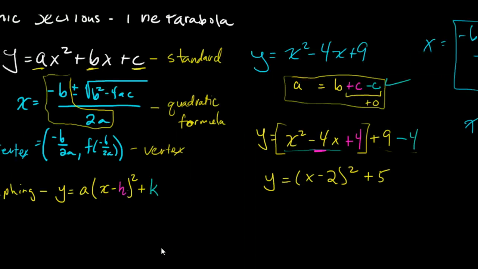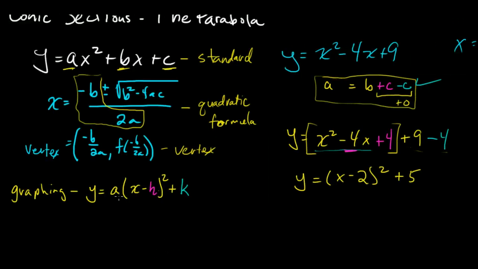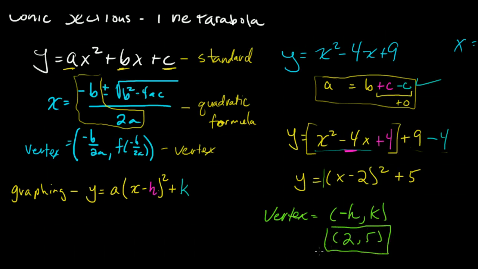Here's my graphing form. And it says that I have a scalar, which in this case is a 1, right? We don't have a number out here, so my scalar is 1, times x minus h squared, plus my constant. So the vertex here is at h and k, or in this case, the opposite of this number here, which would be 2, and that number there, which would be 5. So that agrees with the vertex that we got earlier.